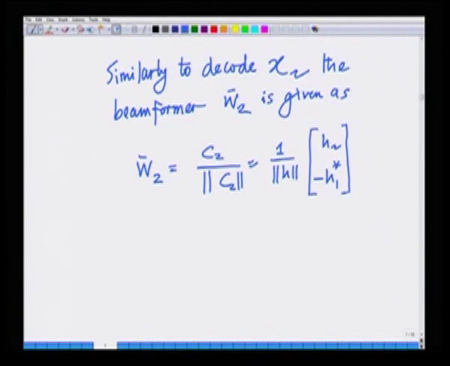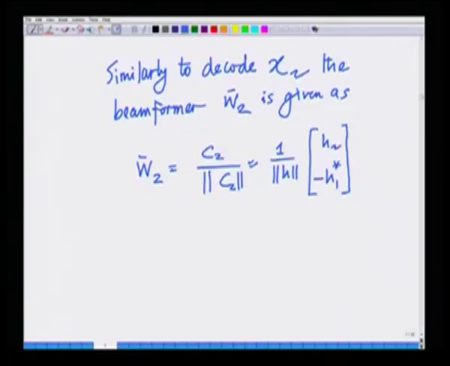You can verify that this is in fact the beamformer which is orthogonal to column 1, because the columns are orthogonal. So, this beamformer is orthogonal to column 1 and helps decode the symbol x2. This is again similar to what we did earlier.